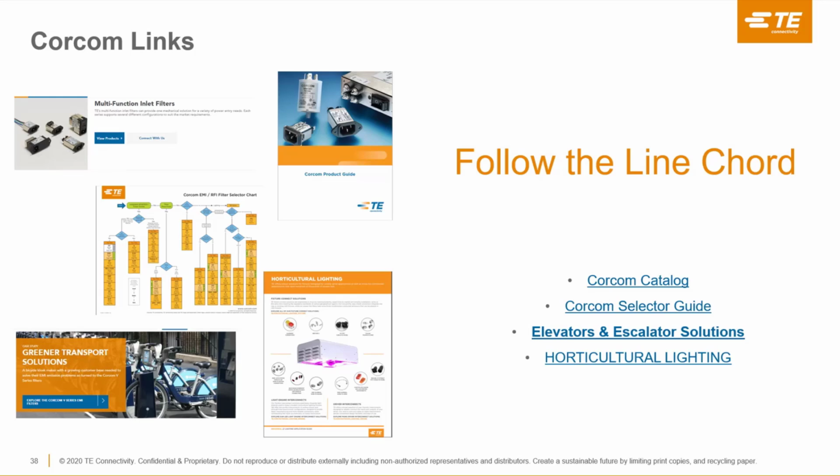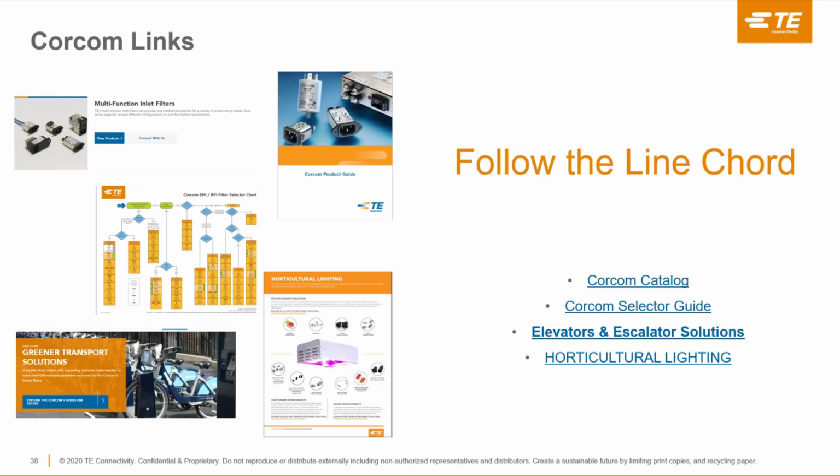There are some links here. The Corecom catalog is extremely helpful. The Corecom selector guide, you can use, like I said, to get to a particular product series. And then in the catalog, as you saw with the P series, all of the part numbers are smart part numbers. In the Corecom part number, each digit, number or letter means something, so you can size up a product based on the termination method, the series.